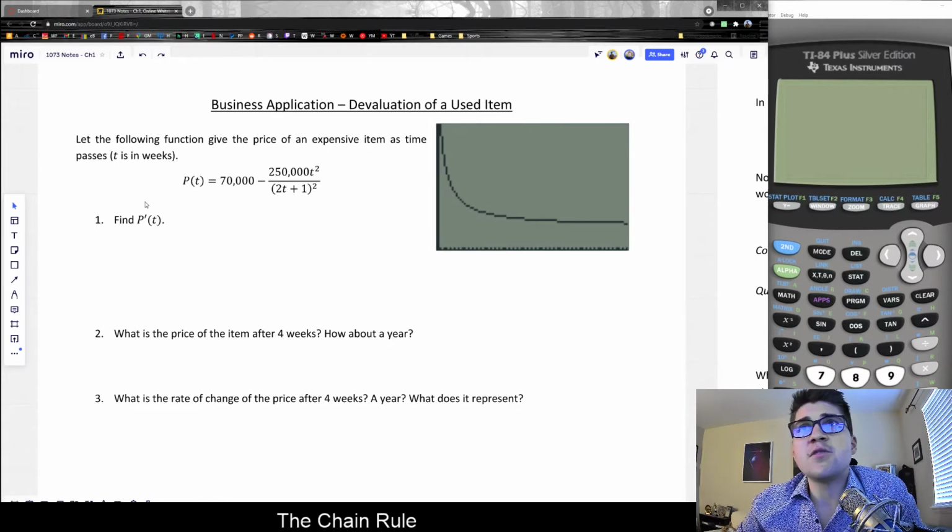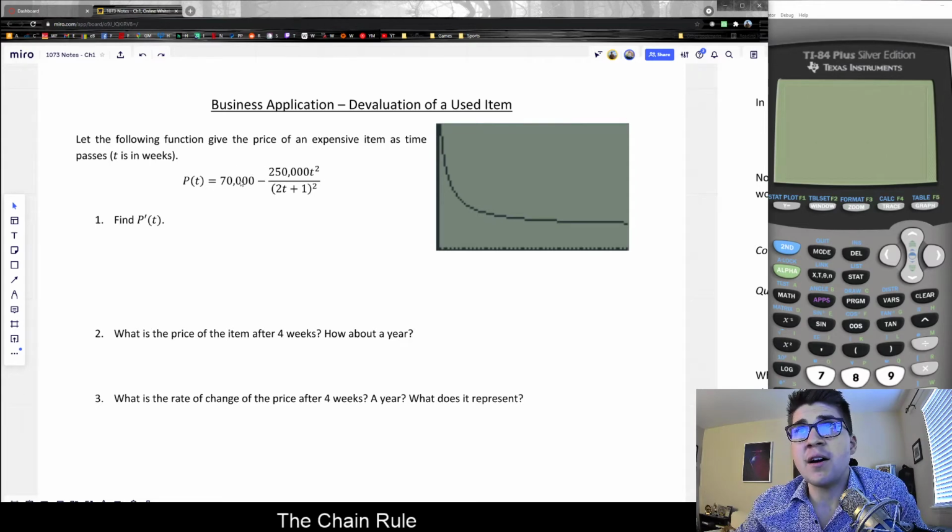So first of all, finding p prime. Here we have 70,000 minus this whole thing. For derivatives, we can take the derivative of each component separately because it's a difference, by the difference rule.